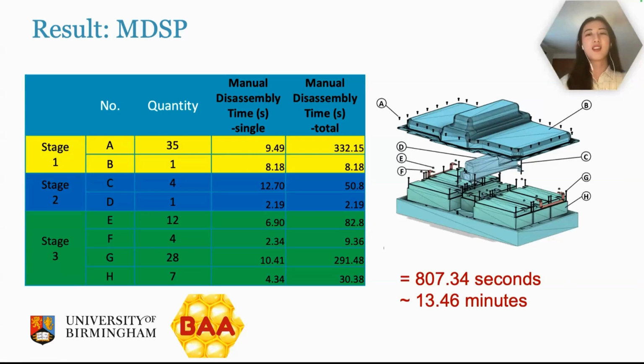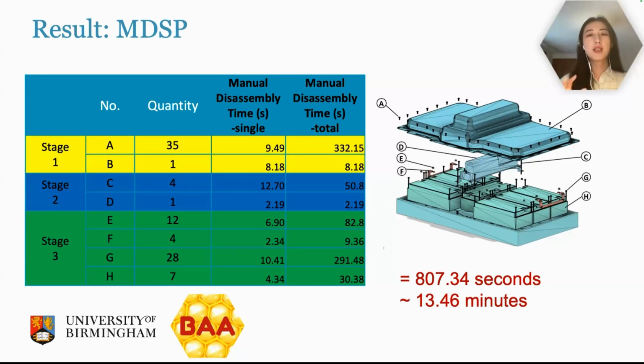So I think it is something worth doing, if this comparison work is to be continued, that we would add the time of the human rest in between the tasks into this total disassembly time cost.